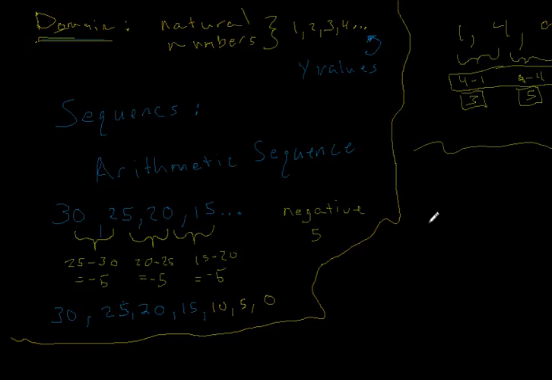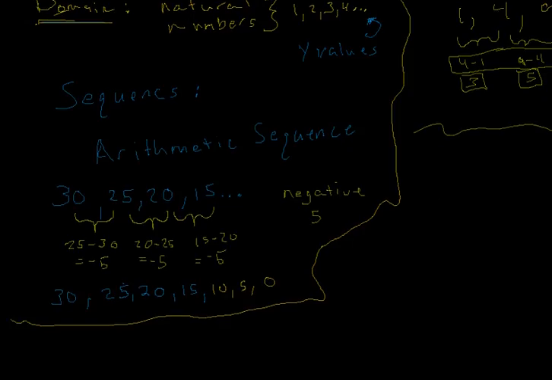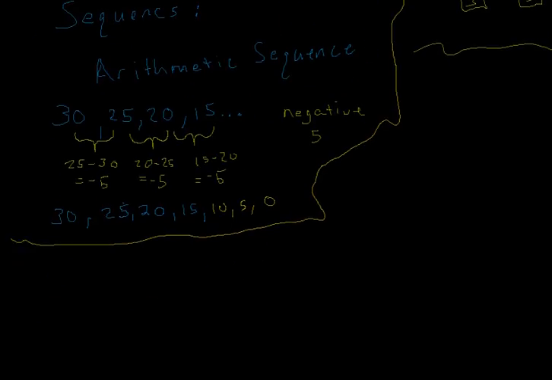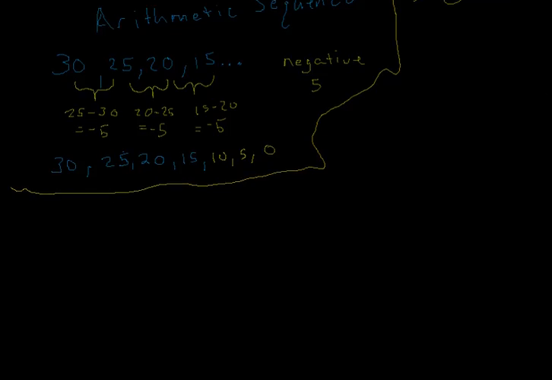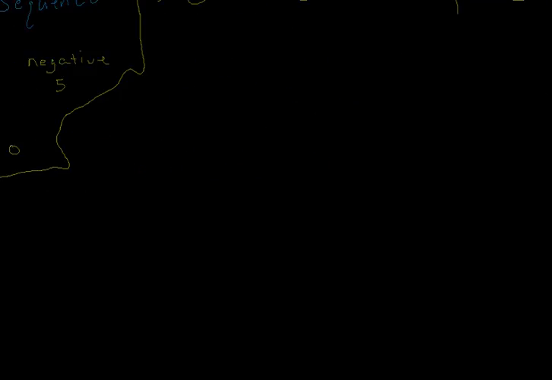The last video that we dealt with was identifying arithmetic sequences, and we're going to move forward from there. Suppose that you want to find something way out there in the arithmetic sequence. Let's say it's the 21st term.